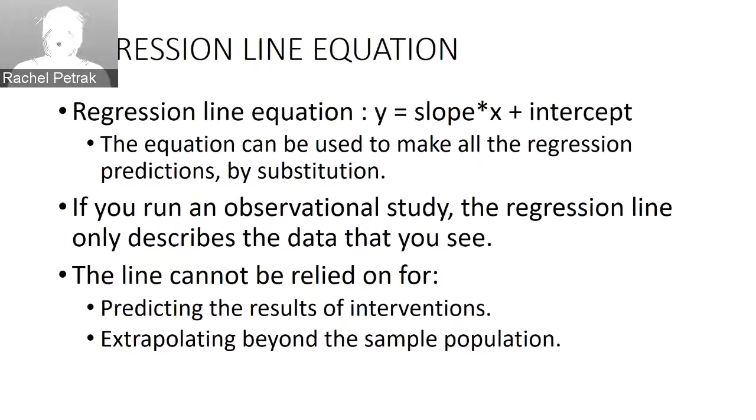And you can't use the line to predict interventions or to say, well, this population is different from another one, so I could use these predictions to draw conclusions about what if population A adopted the same practice as the other population, would they change too? No, this is lots of extrapolating.